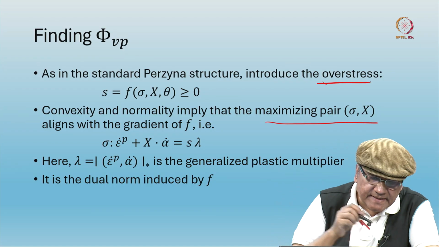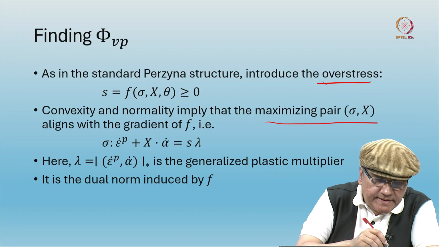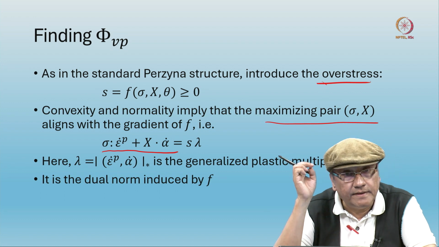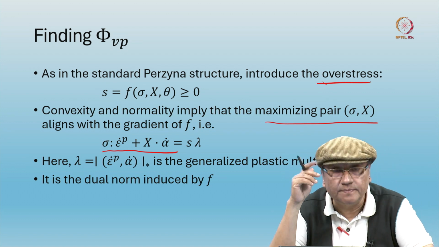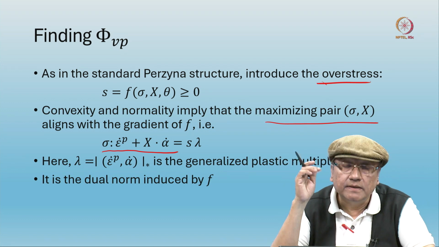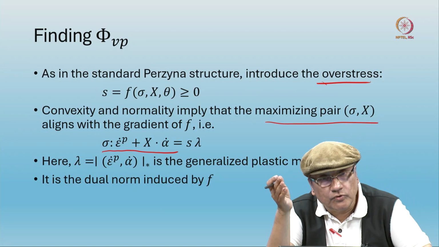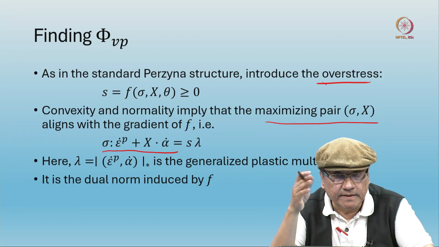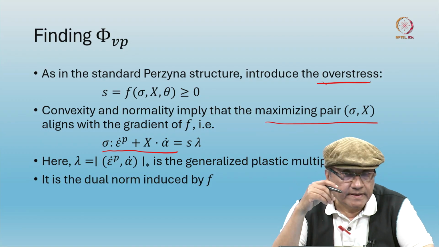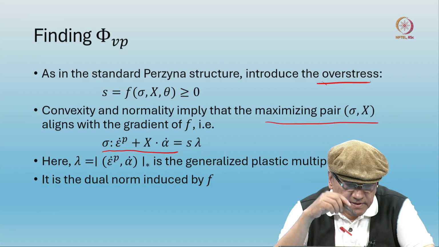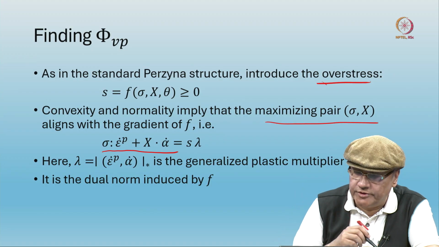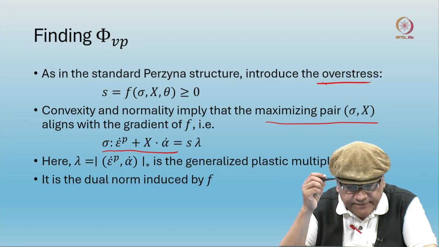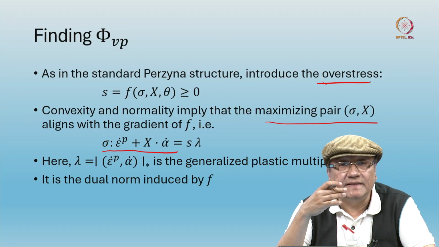So, therefore, we can say that these quantities, that means sigma inner product with epsilon p dot, the plastic strain rate, plus the thermodynamic force dot product with alpha dot, where alpha are the internal variables like epsilon p and other hardening variables, must be equal to some s, which is F, times some lambda.